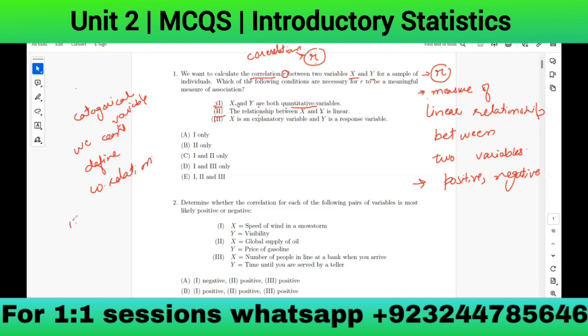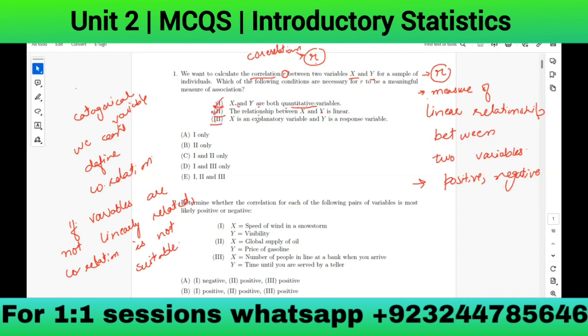Write here: if variables are not linearly related, then correlation is not suitable.